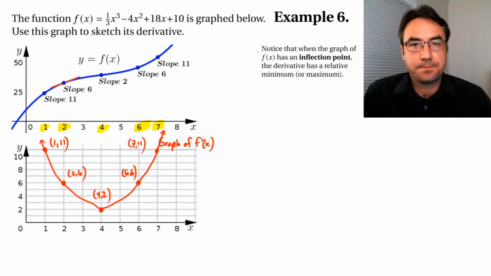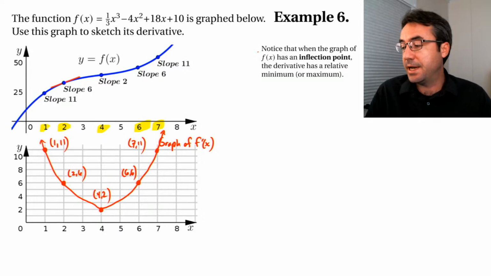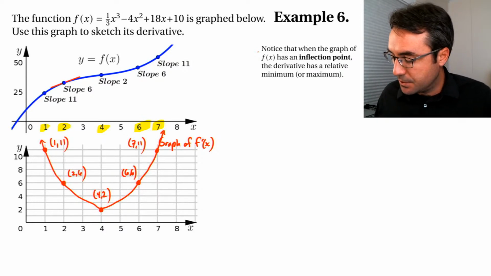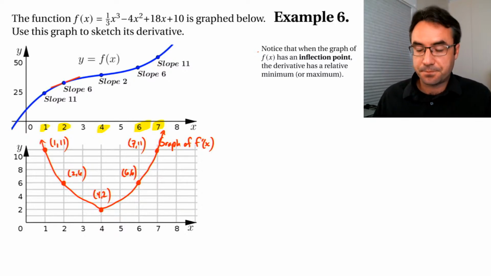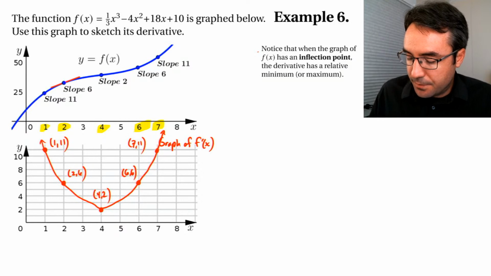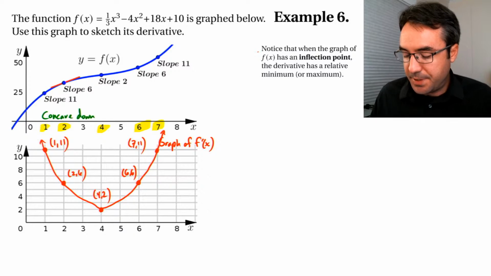But let's talk about another way to think of this in terms of f double prime, in terms of the shape of our function f. So what do we notice if we look at function f? In this section here, the graph looks to be concave down.